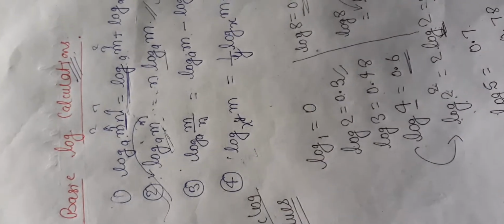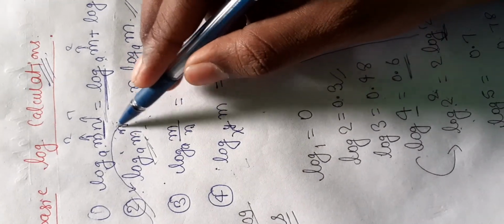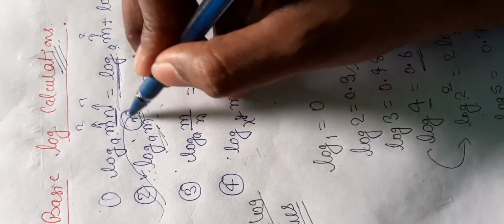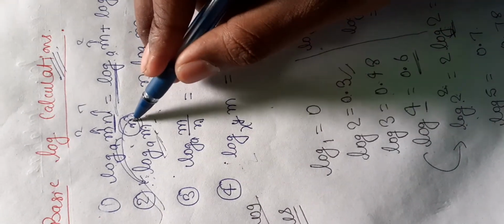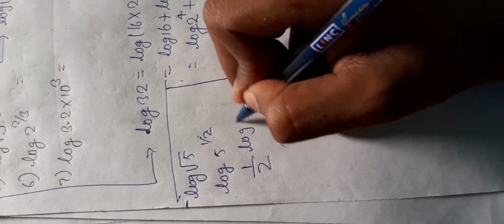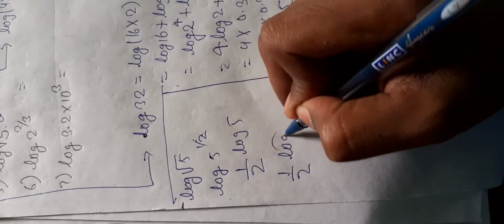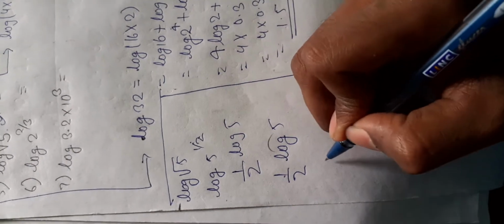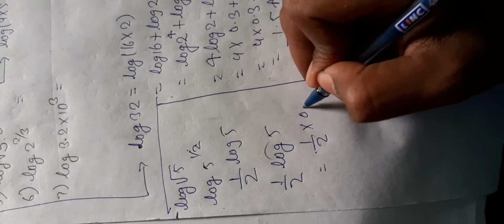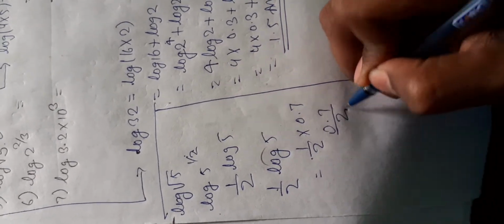For 5 raised to the power 1 by 2, the power comes before log, so it becomes half log 5, and log 5 again is 0.7, so 0.7 by 2.